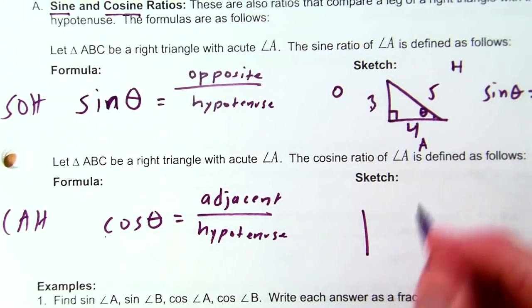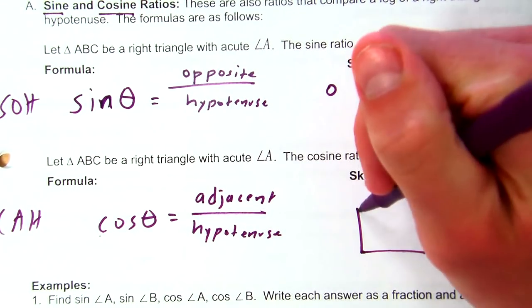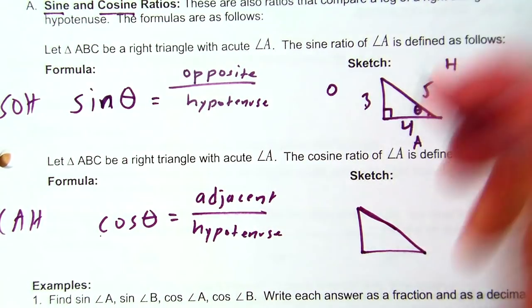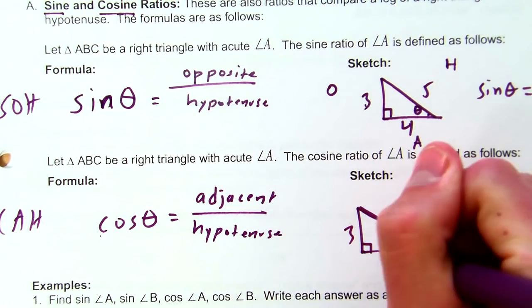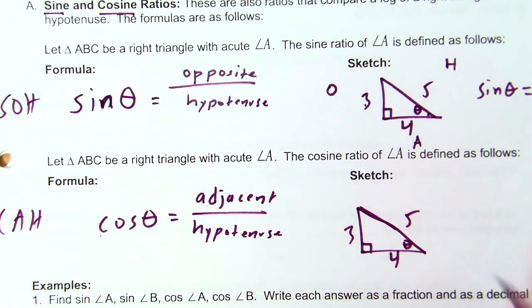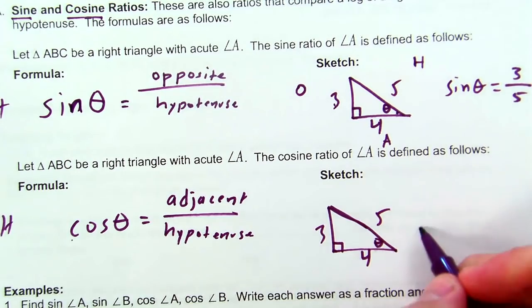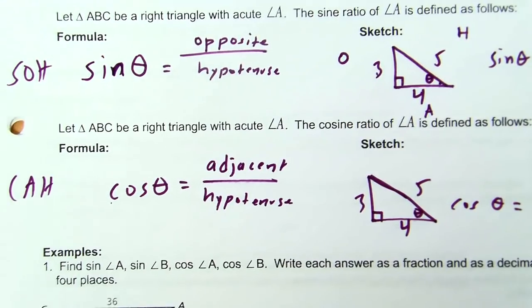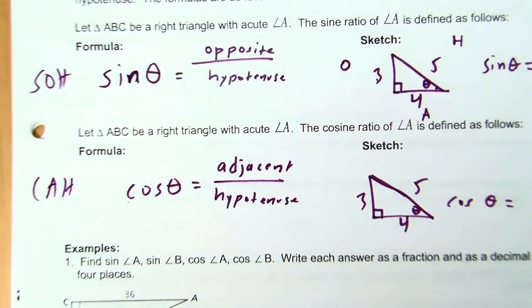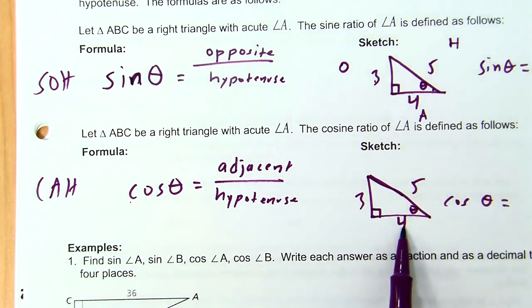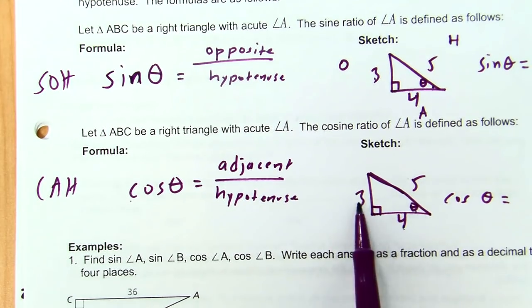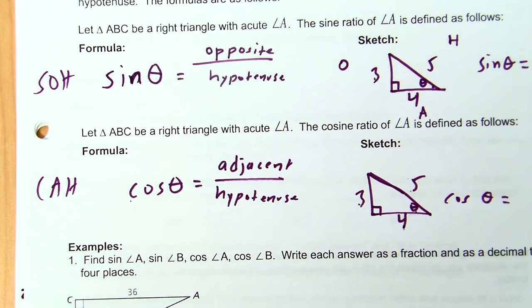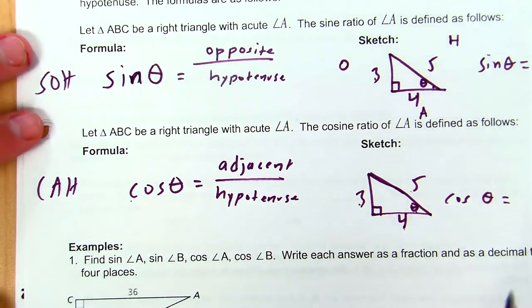So if I draw this sketch one more time, curvy hypotenuse, draw this one more time and put theta down here again. And I'm trying to figure out, well, what's the cosine of theta? Well, the cosine of theta now is the adjacent side over the hypotenuse. So 3 over 5, that was the sine, because that was opposite over hypotenuse.